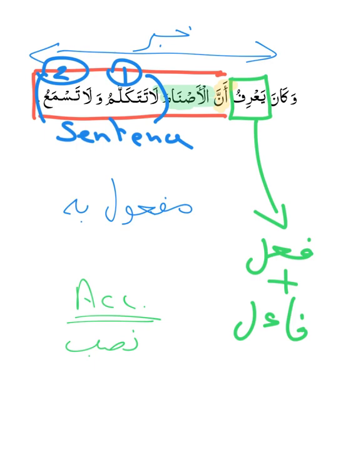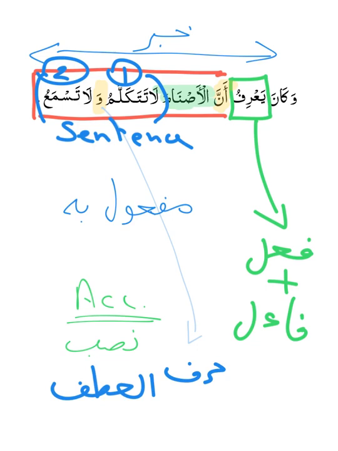These are basically joined by this waw, and this waw, just for your information, you call harful atf. Harful atf basically is that particle, in this case waw, which simply joins two words together, like it's joined la tatakallamu and la tasma'u together.